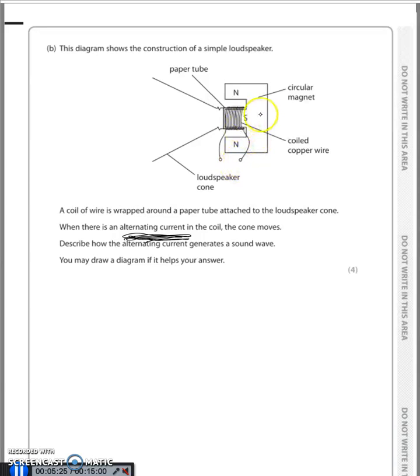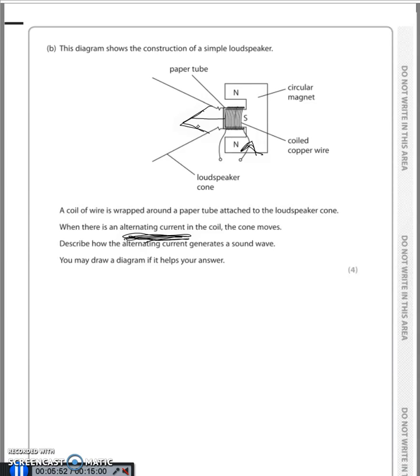Now, if this was direct current, what would happen is the current would flow through the wire. There would be a magnetic field generated around the wire. And those two magnetic fields would interfere, the one from the wire and the one from the magnet. And you would get a force that would push the coil either in or out. It doesn't really matter at this point. You can work it out, but you don't have to for this question.